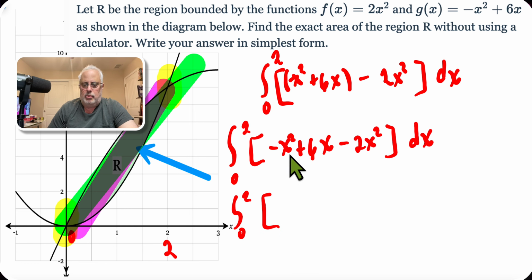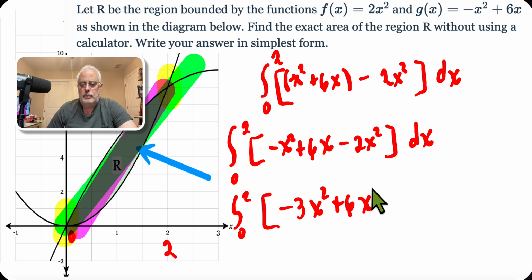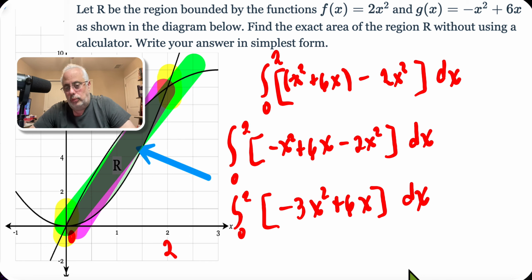So we have minus x squared minus 2x squared is negative 3x squared plus 6x dx. And now we have integration rules. We have the power rule, the backward from differentiation. Remember, differentiation and integration are inverse operations. We can do that in the next step.